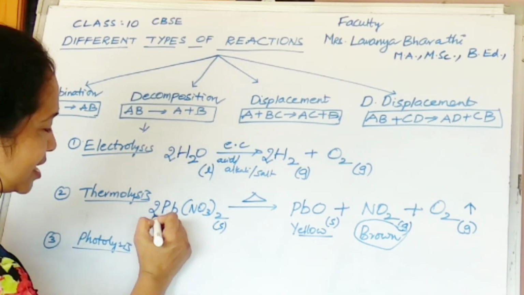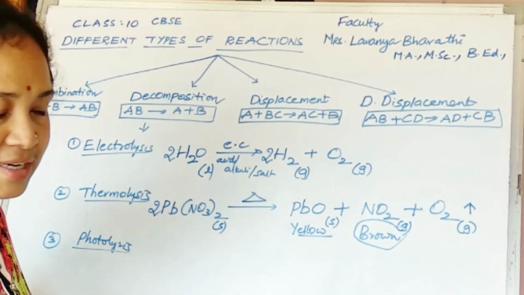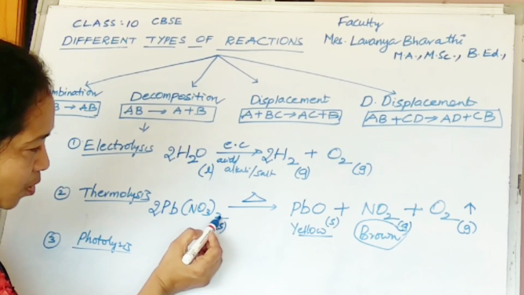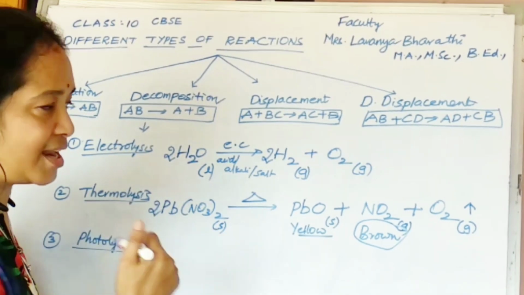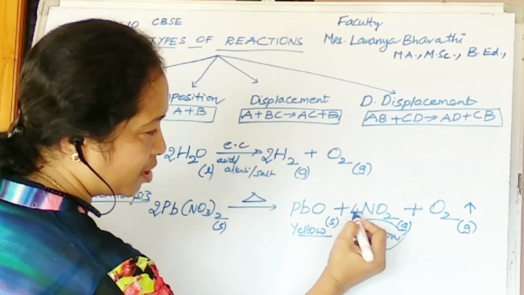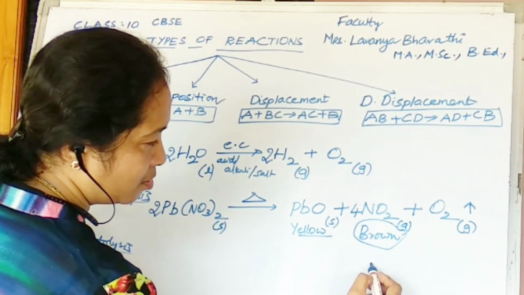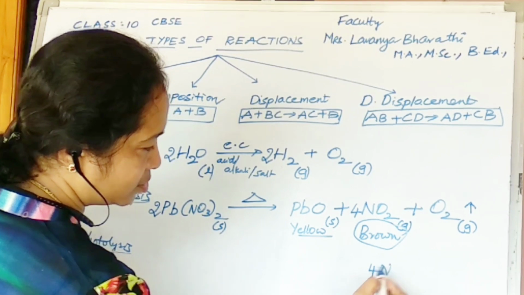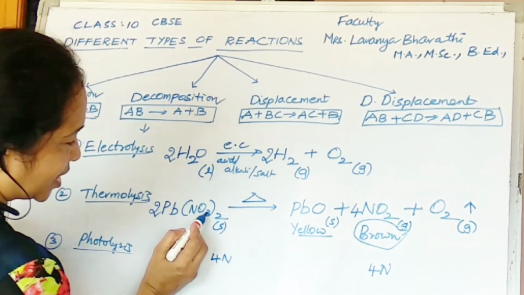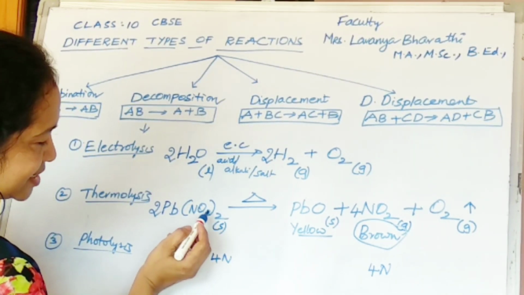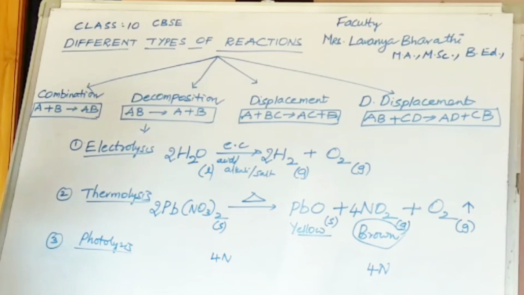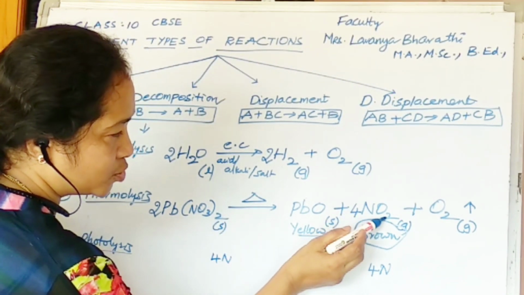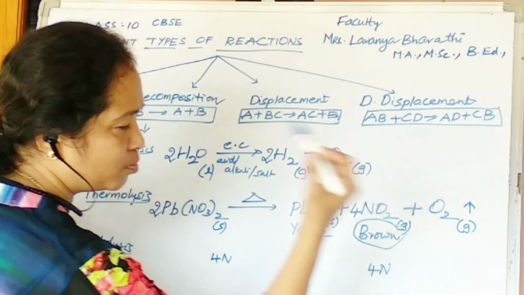I am increasing the moles of lead nitrate such that you can see already 2 nitrogens are there, 2 twos, 4 nitrogens on the left hand side. So I am arranging 4 here such that you can observe 4 nitrogen, 4 nitrogen. Here 3 twos are 6 and 6 twos, how much dear? 12 oxygens are present. And how to balance those 12 oxygens? Already here 4 twos, 8 are there, and here 2 more are there.